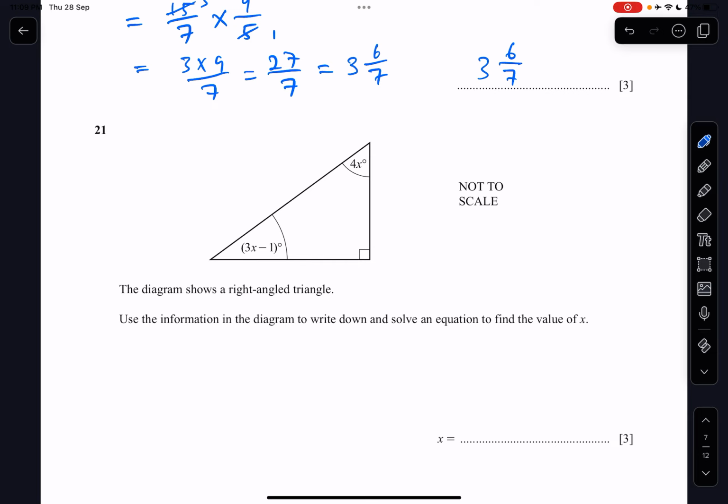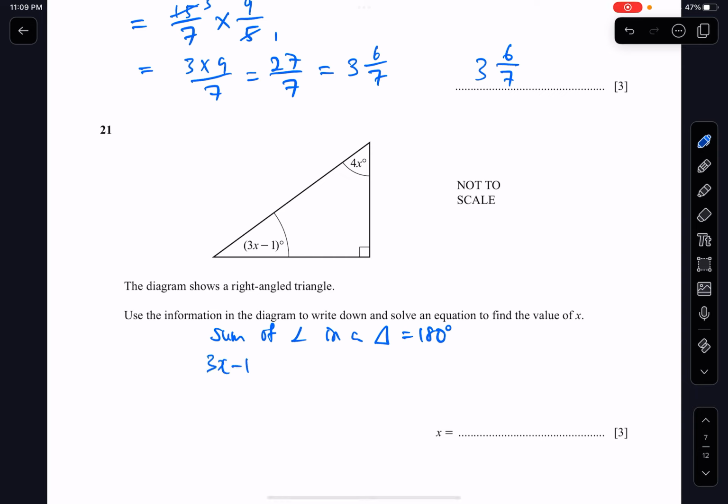Okay, question number 21. So the diagram shows a right angle triangle. Use the information to write down and solve an equation to find the value of x. Okay, so the sum of angles in a triangle is 180 degrees. So I know that, so 3x minus 1 degrees plus 4x degrees plus 90 degrees, right?